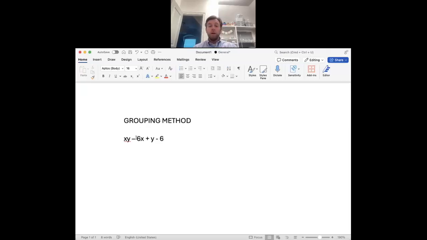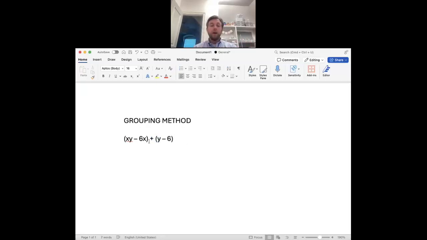So step 1, group the first 2 terms. Parentheses around the xy, and then parentheses after that second term. Step 2, put parentheses around the second 2 terms. Notice where I put that parentheses. I put it between the plus sign and the term. I separate them. More to come on that.